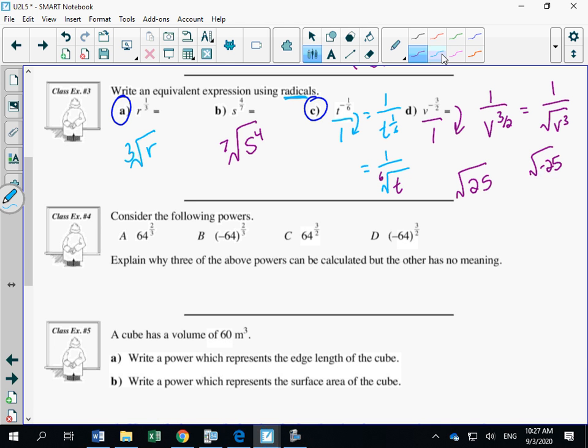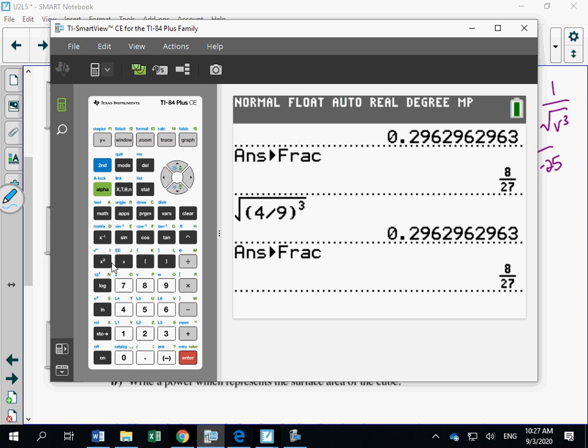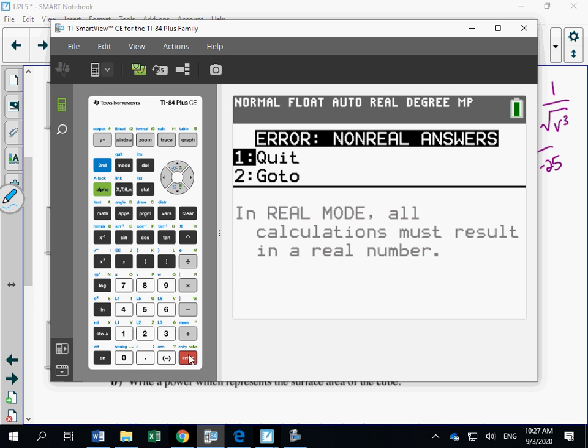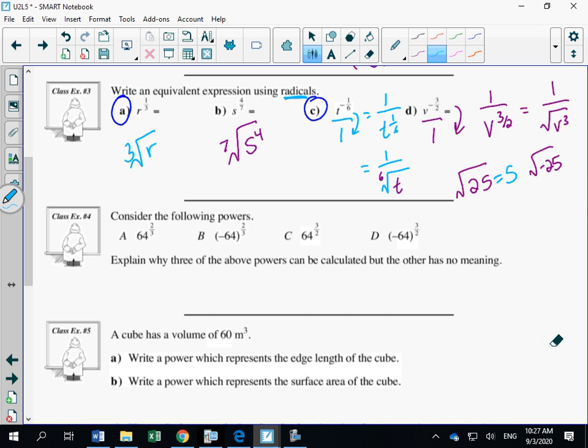If you type in the square root of 25, you get 5 as an answer. And if you type in the square root of negative 25, you get an error. So that's what we call undefined, okay?